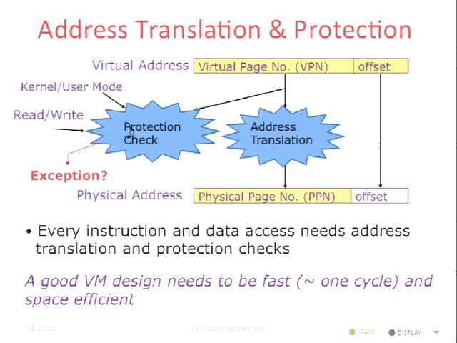And as we already talked about, you can get a violation on read versus write. If you're trying to write some memory but you only have read access to it, for example the code segment, it's not going to let you do that. In those cases, typically you'll get an exception. That's what we're going to talk about next time: how exceptions and interrupts are handled. But the idea is you want this translation to go fast, and so you want efficient use of the TLB.